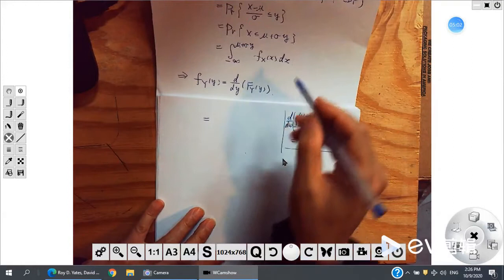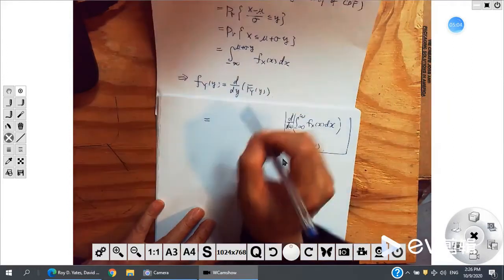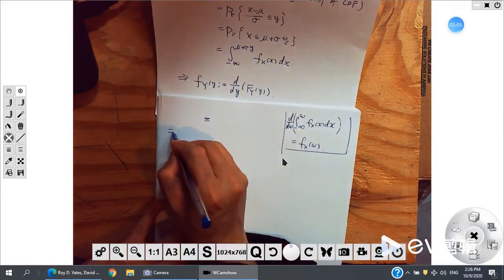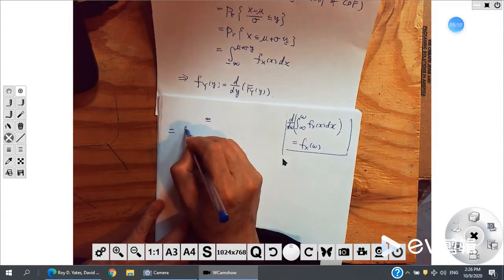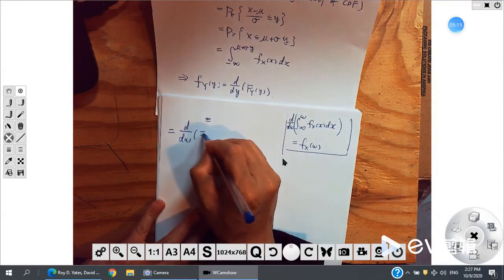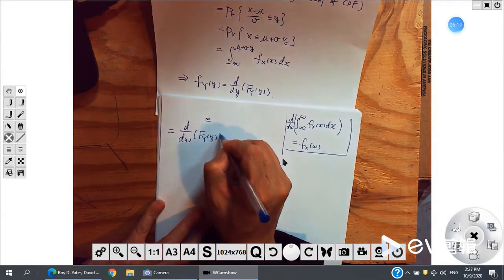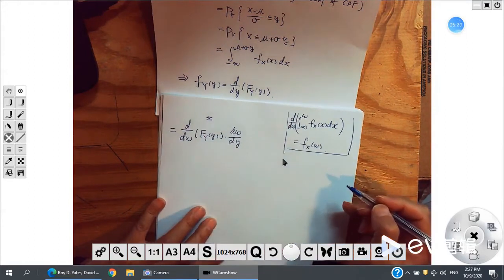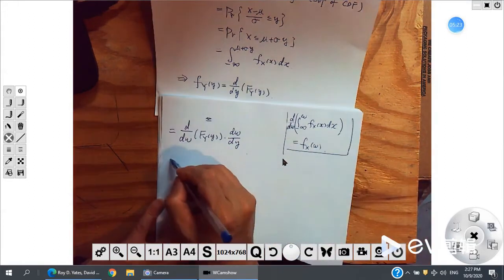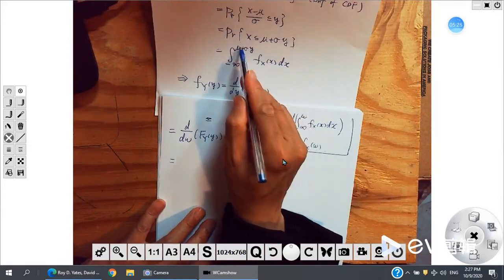I need more space. I can write this as d over d omega of F_Y(y) times d omega over dy. I can write it in this way. Then this one we take the derivative according to omega.